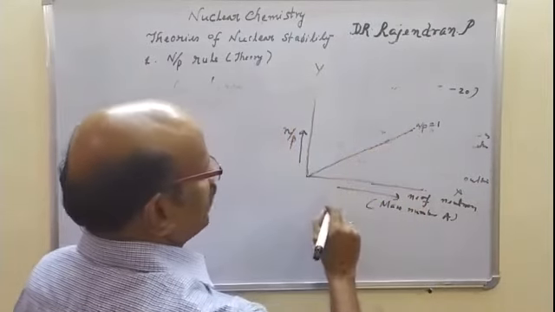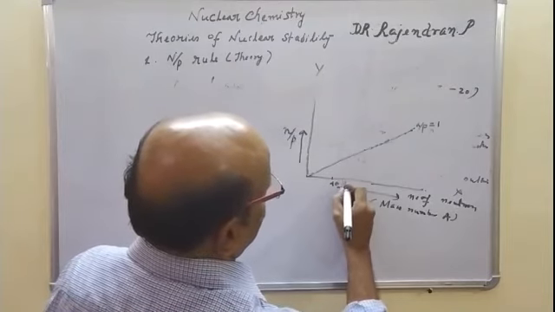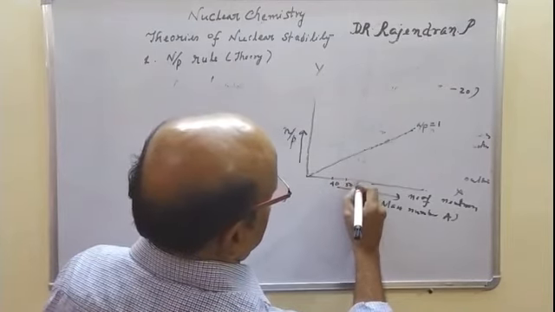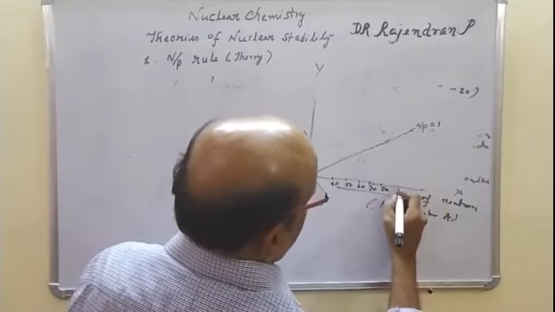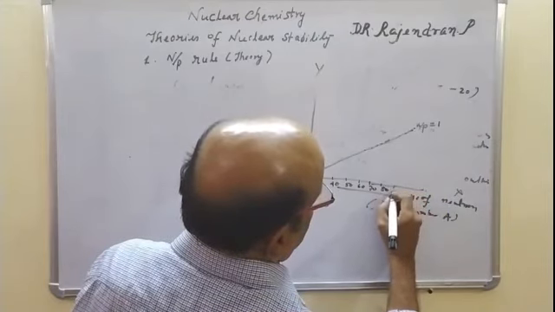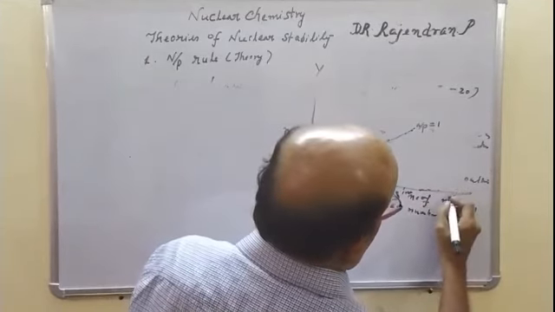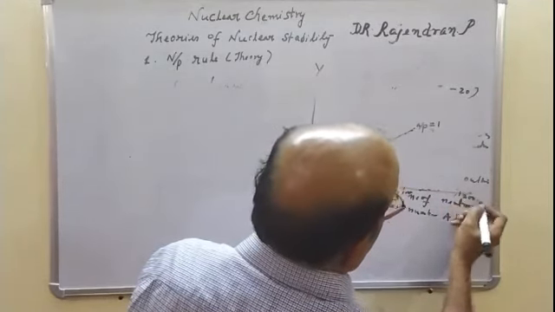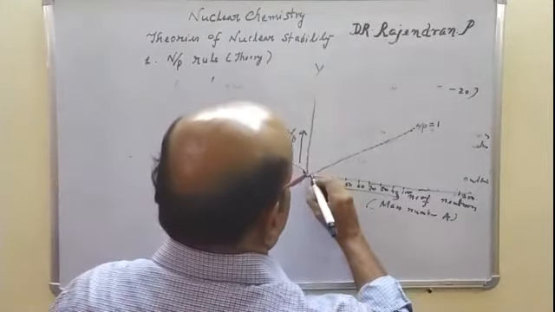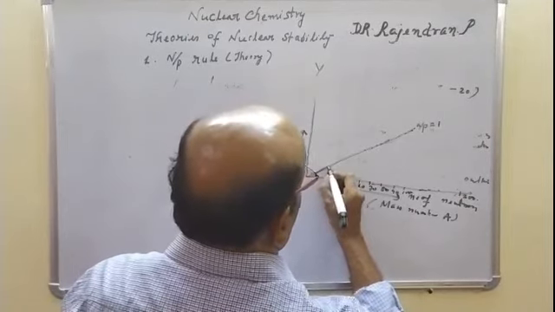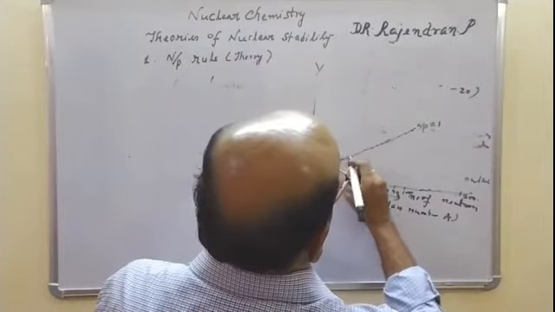But in actual cases, up to mass 40, 50, 60, 70, 80, up to 90, 100, up to mass number 200, the actual situation is that it is along this line for light nuclei, and beyond that it keeps increasing.